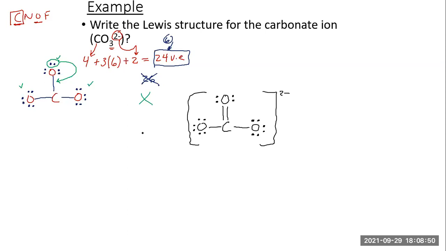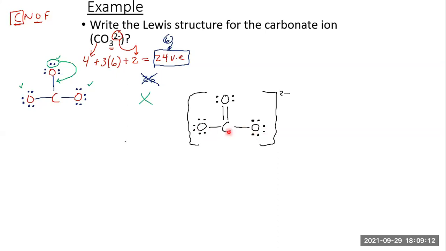What we have just done is keep a grand total of 24 electrons. So if we look at the electrons total, 2, 4, 6, 8, 10, 12, 14, 16, 18, 20, 22, 24. The single bonded oxygen, 2, 4, 6, 8. Single bonded oxygen on the right, 2, 4, 6, 8.